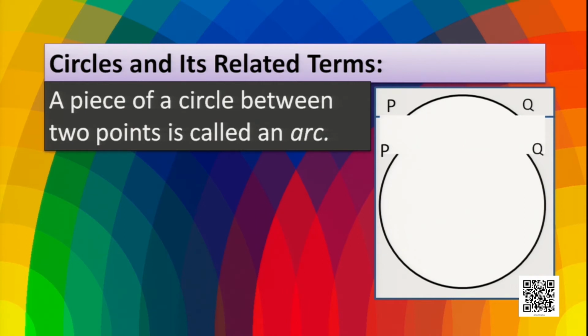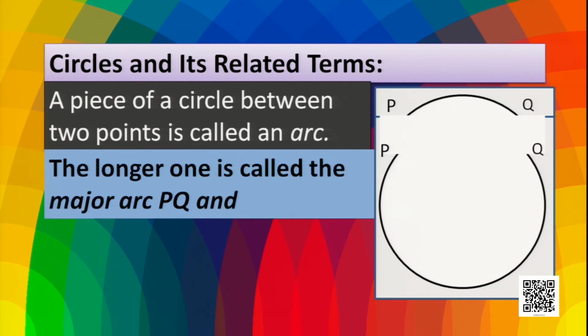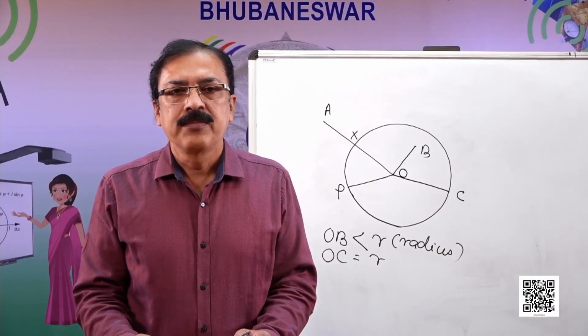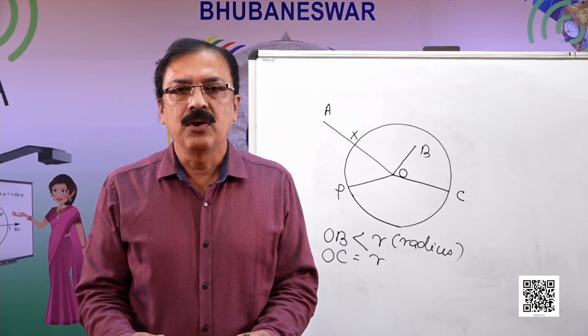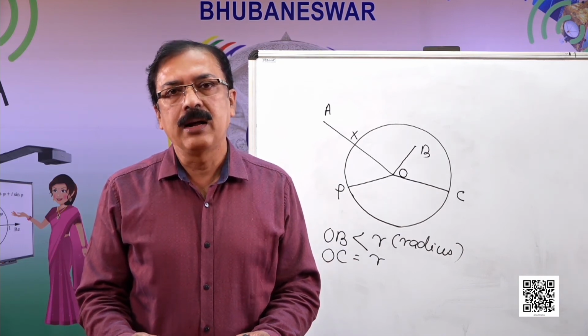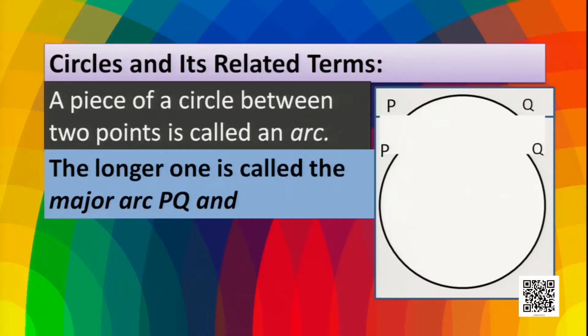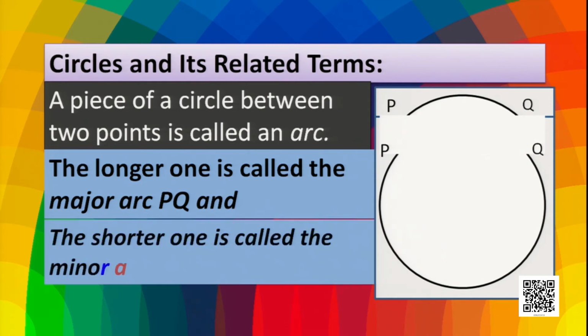We name both the arcs PQ, but one is smaller and the other is longer. The longer one is called the major arc. Always remember this. Though the naming is the same, with the same points P and Q, we can say the longer one is major arc PQ and the shorter one is minor arc PQ.